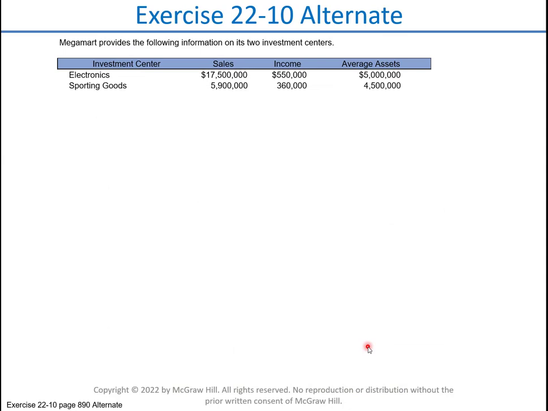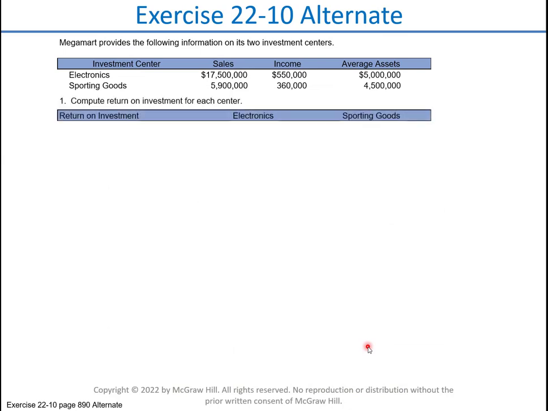This is alternate exercise 22.10. We want to compute the return on investment, which is computed as income divided by average assets. Electronics income is $550 divided by their average assets of $5 million.